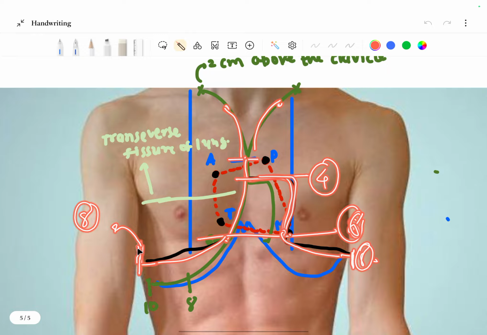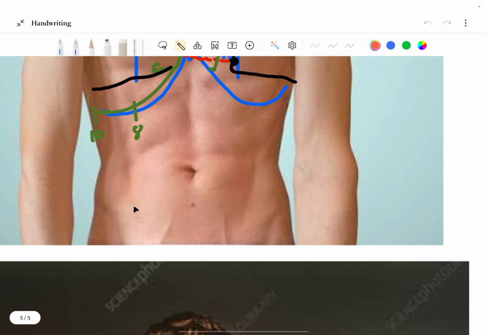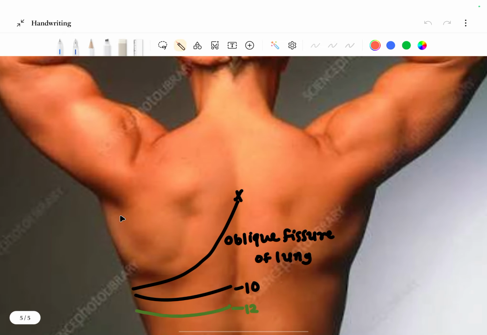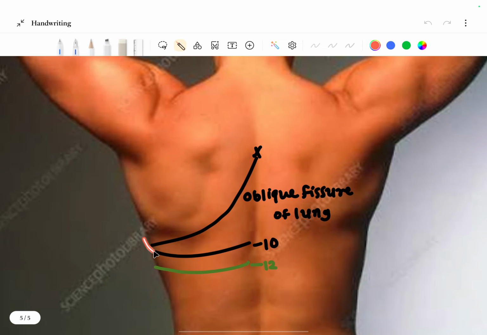Then they further descend and pass downward like this, and they will come at the 10th rib. Clear? So for the lungs, remember 6, 8 and 10.